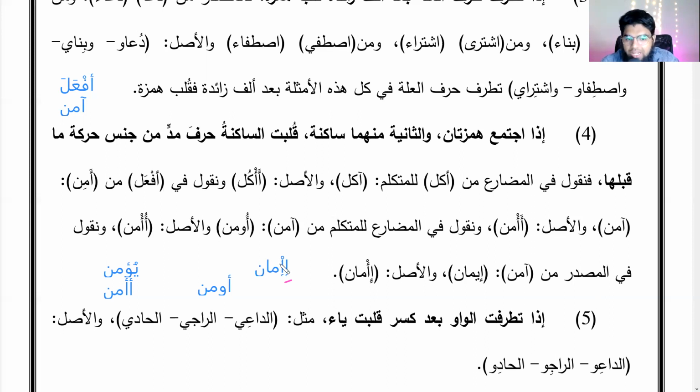We'll change it into an alif or a waw, or what? We'll change it into a ya. It became iman. So if you're searching in the dictionary, you will not find it with a ya. You have to search for hamza, mim, noon, from amina. Wal aslu iman.